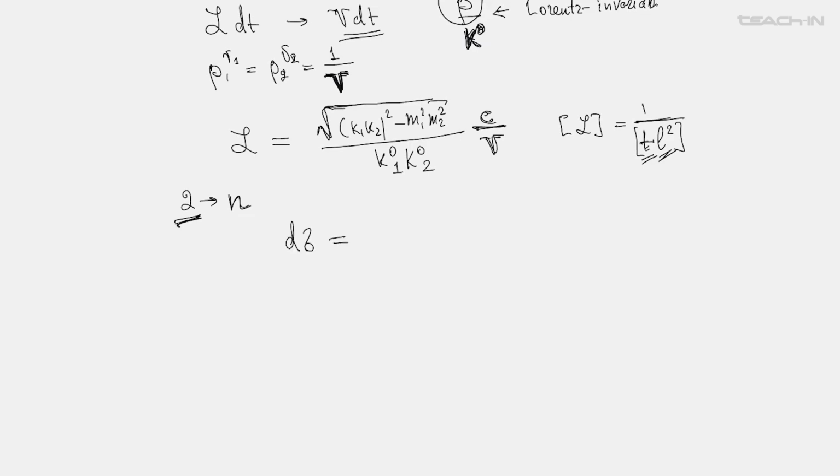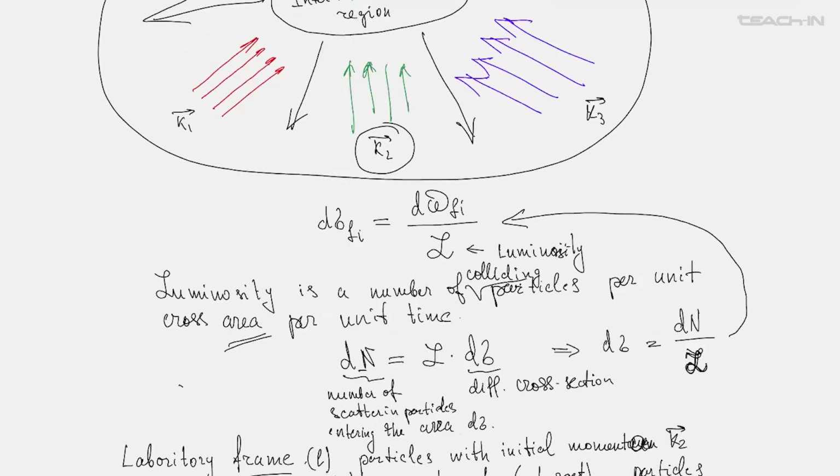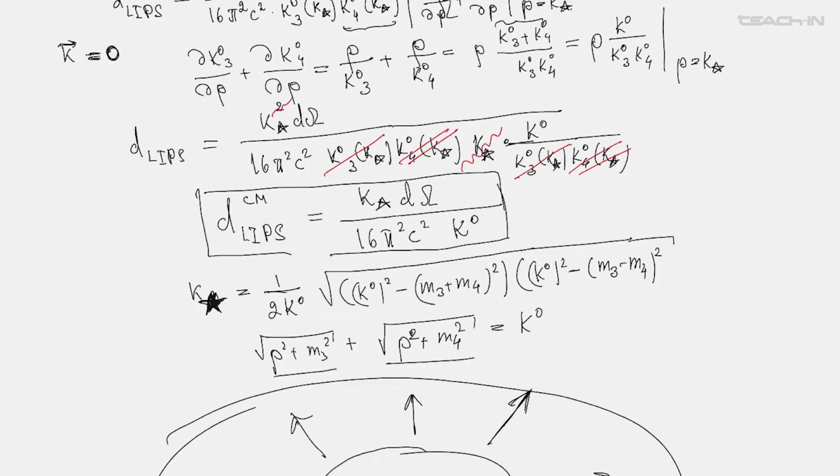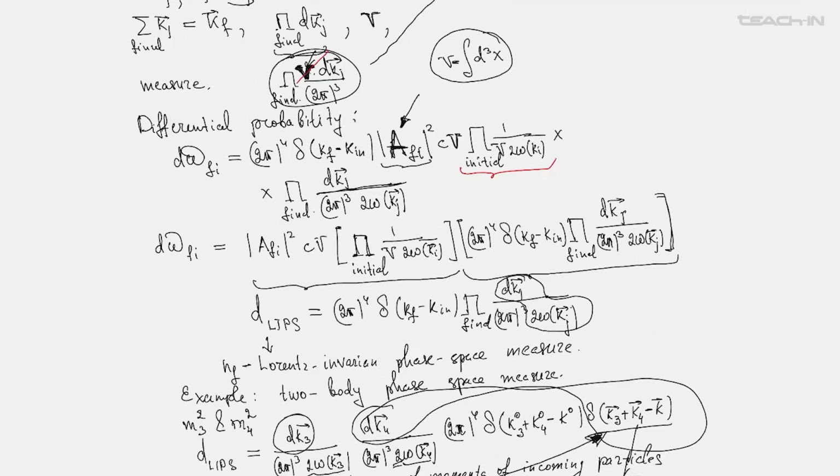We divide the differential cross-section by luminosity. And the differential cross-section, coming back, is given by this quantity here. And this is dΦ. So dΦ is related to the measure related to the outgoing particles. So I leave it for the moment as dΦ.